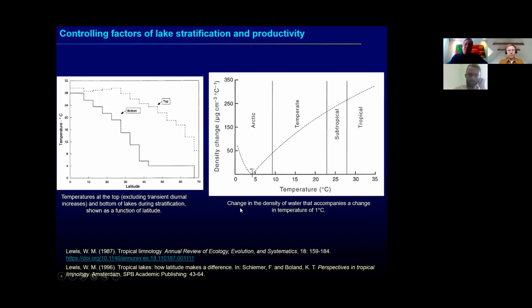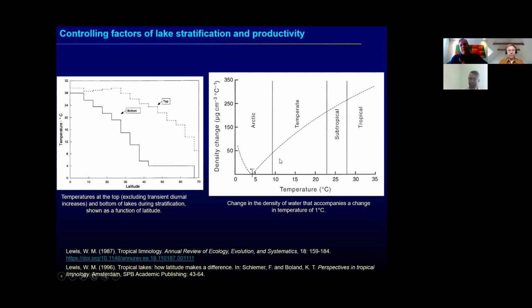In terms of the change of density, we have a huge difference of density in tropical waters, because of this anomalous behavior of water, where higher temperature promotes a lot of density change. So that's why tropical lakes may stratify with a very small difference of temperature.